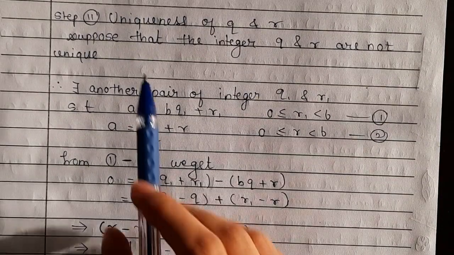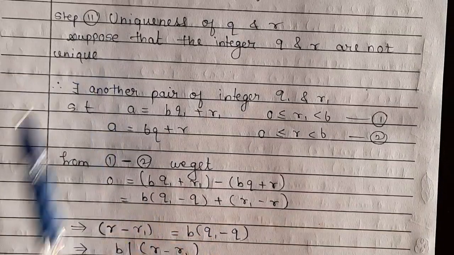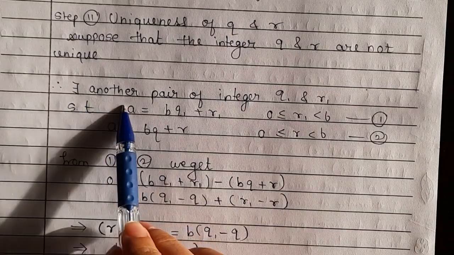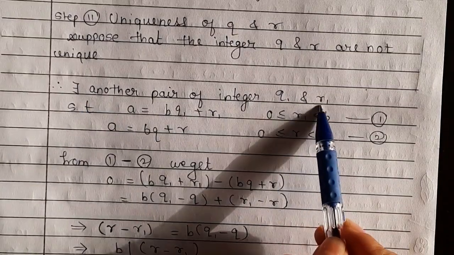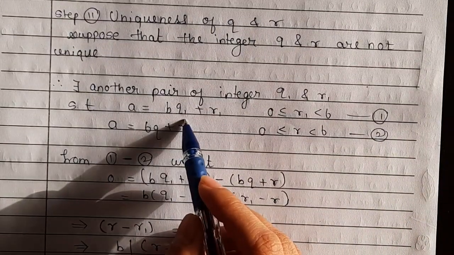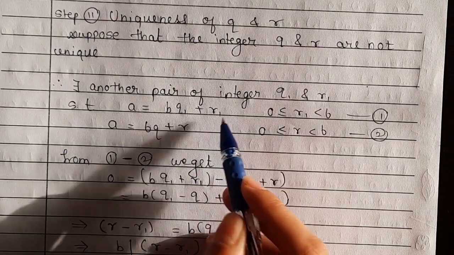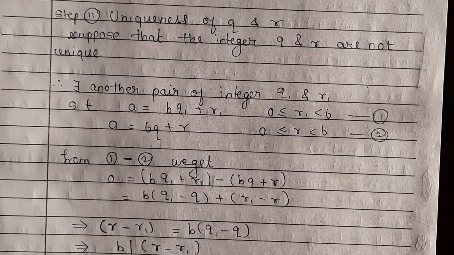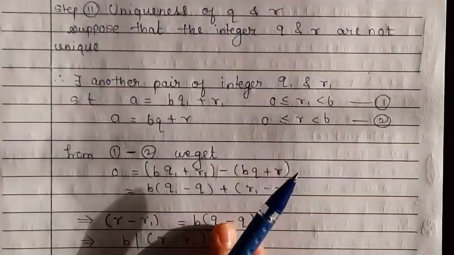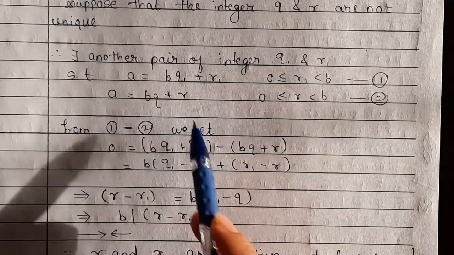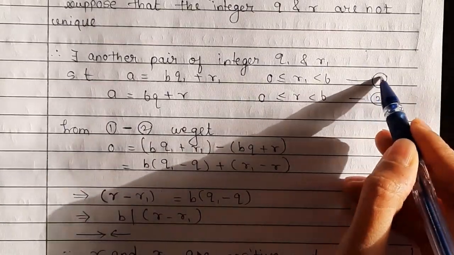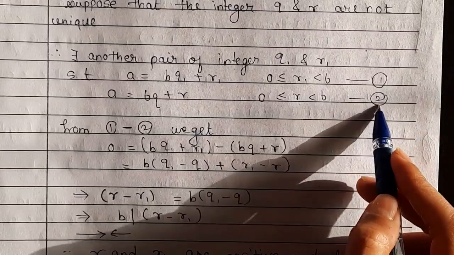Suppose the integers q and r are not unique, therefore there exists another pair of integers q1 and r1 such that a is equal to bq1 plus r1, where r1 is between 0 and b. The main result is a equal to bq plus r, where r is between 0 and b. We number the first equation 1, and for this equation we write 2.